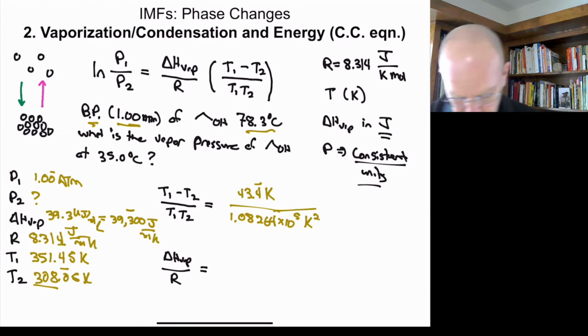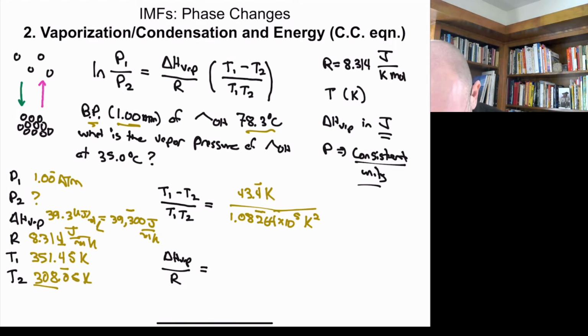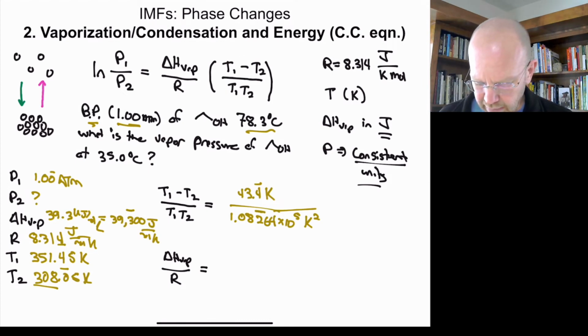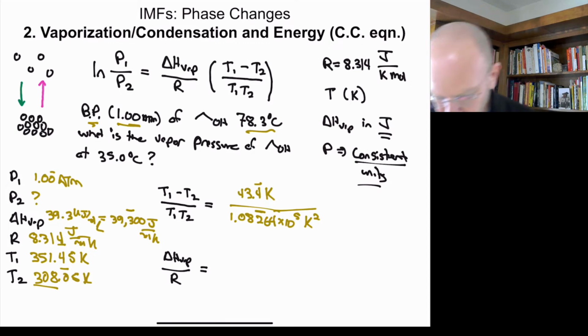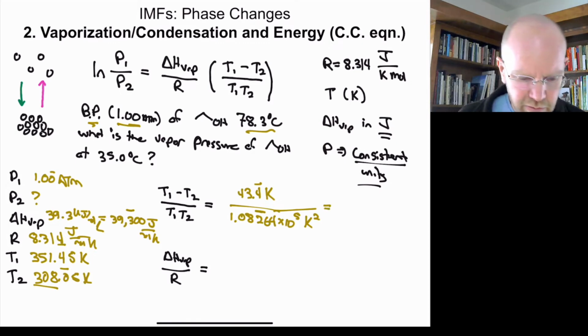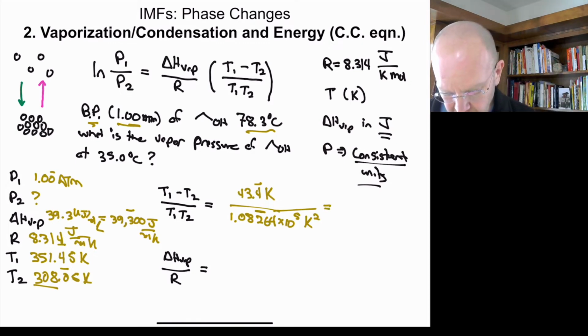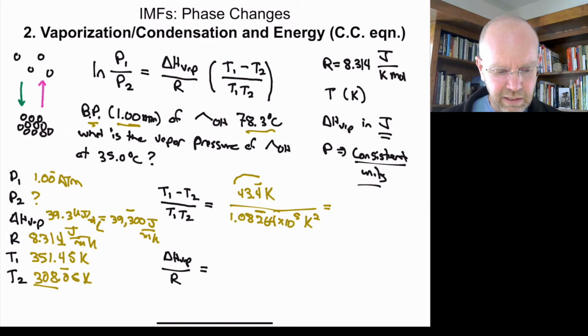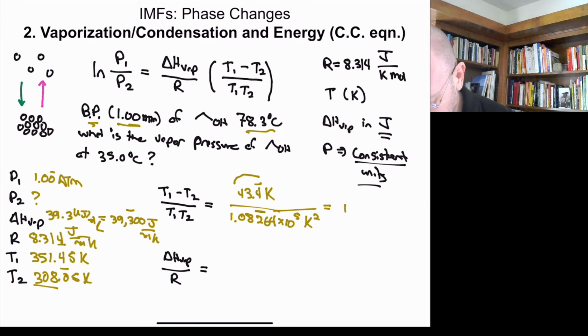Now both of those numbers had 4 sig figs, so this product is going to have 4 sig figs. Then I can do that division, and when I'm doing a division problem, it's the number that has the fewest sig figs, so I'm going to end up with three sig figs in my answer here.